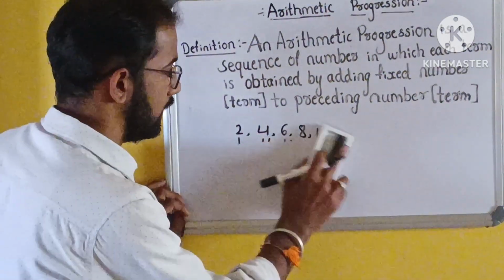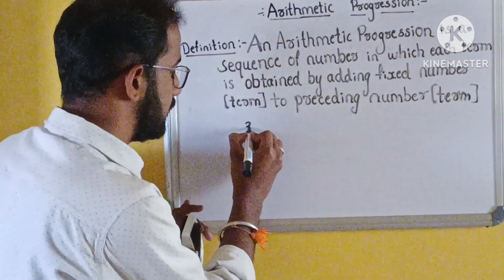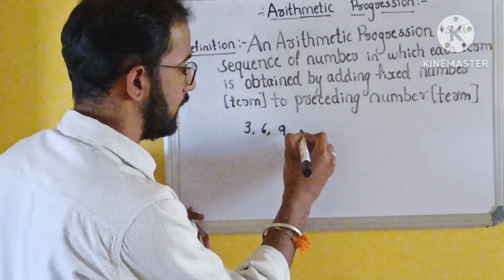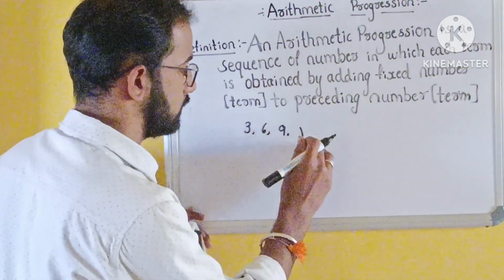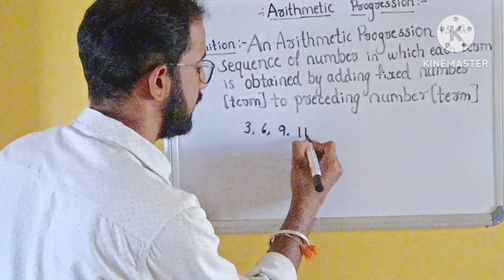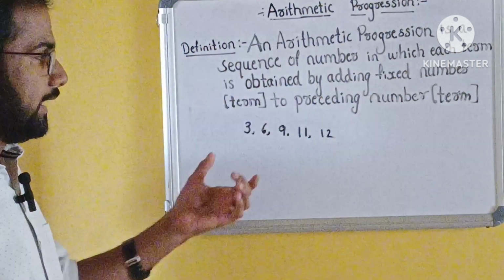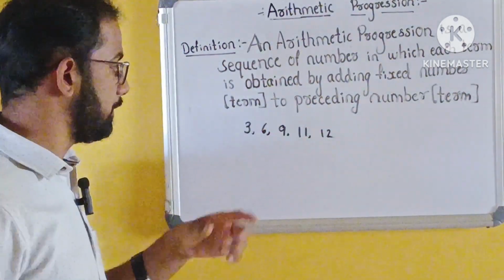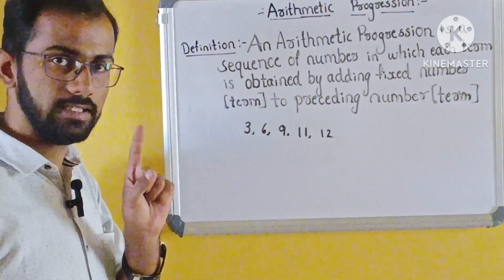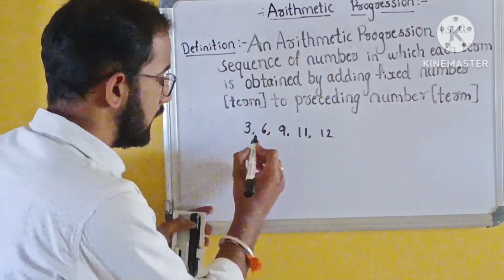Now let's see another example: 3, 6, 9, and then 11, and then 12. In this example, we can see the difference between two consecutive terms: 6 minus 3 is 3, 9 minus 6 is also 3.